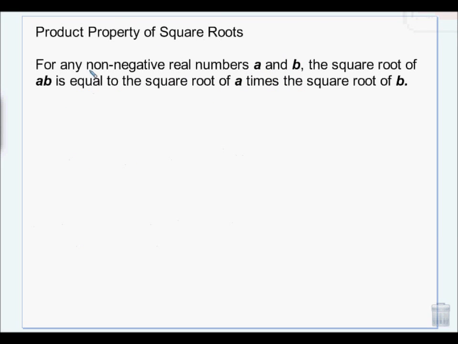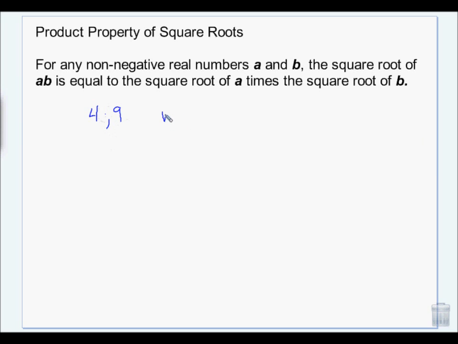All right, so for any non-negative numbers a and b, the square root of a b is equal to the square root of a times the square root of b. So basically, let's say I have 4 and 9.